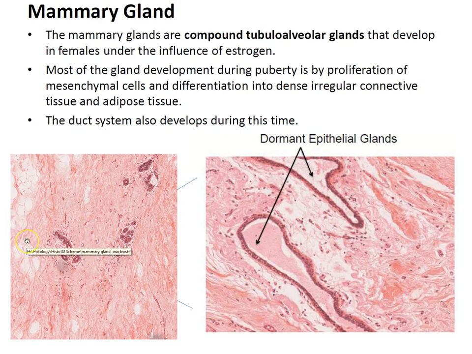By adulthood, the complete ductal architecture of the gland is established, but they are dormant or inactive. Here you can see several lobules, and on your right-hand side you can see a magnified view of dormant epithelial glands.